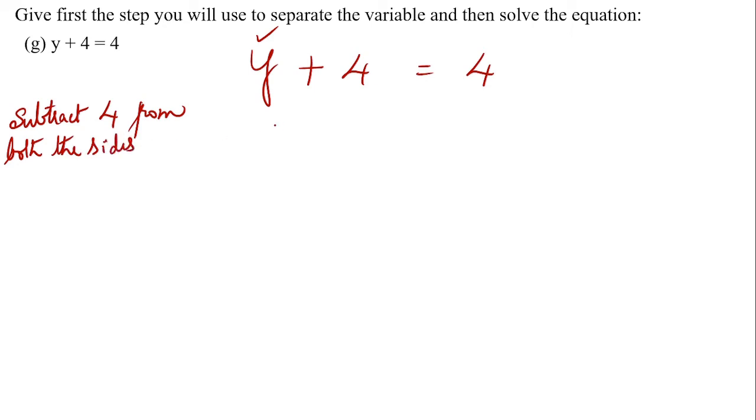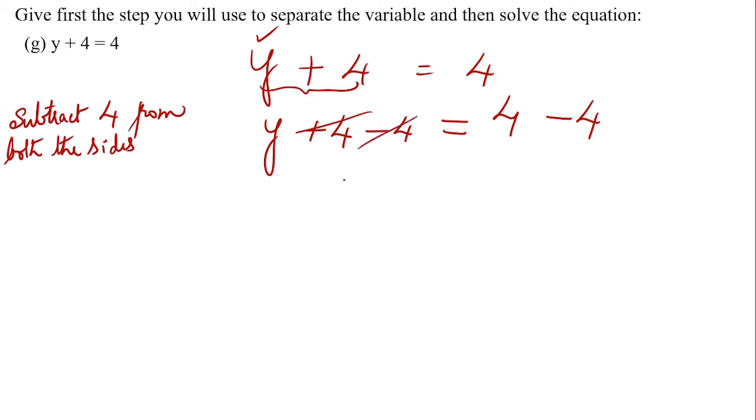So now the equation will be y plus 4. Whatever is there you're going to write y plus 4 and then subtract 4. Next is equal to sign. 4 is already there. Deduct 4. Plus 4 minus 4 gets cancelled. Y is equal to 4 minus 4 is 0. So y is equal to 0.